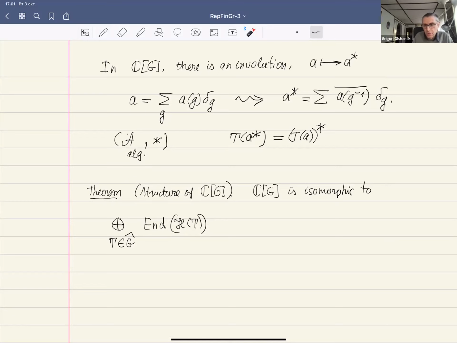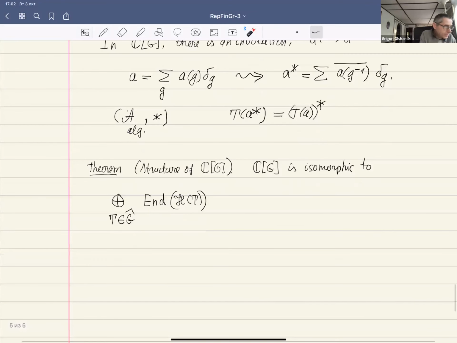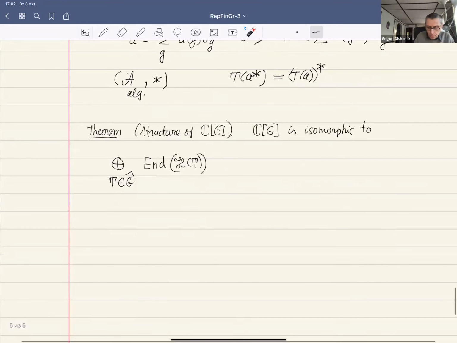And moreover, this isomorphism is also compatible with the involution, because we have an involution here, but we have also the operator involution on each of these spaces. So this isomorphism is an isomorphism of involutive algebras too. How to prove this? First of all, the proof.